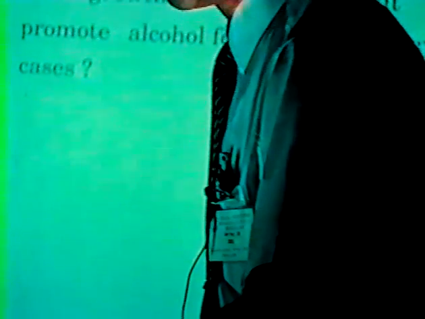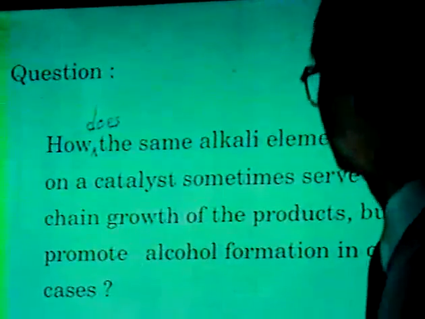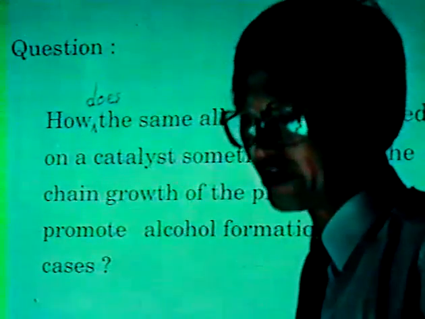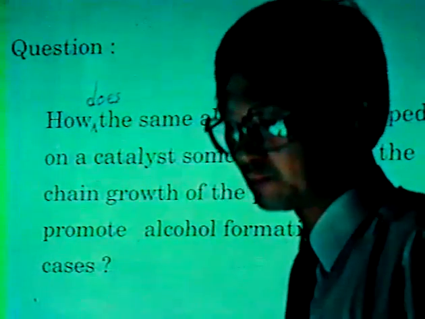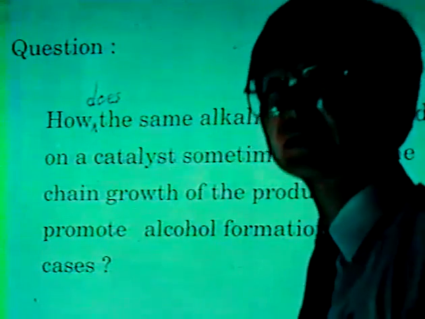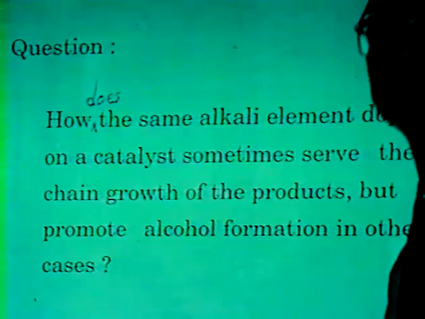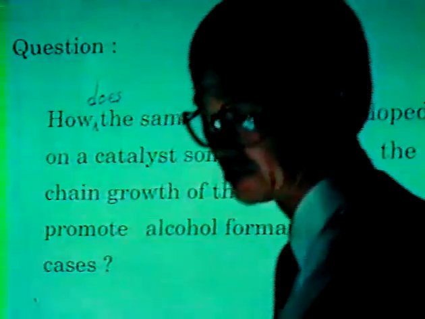So the question we had, and the one I try to answer this morning, is the following: how does the same alkali element, doped on a catalyst, sometimes serve chain growth for the product, but promote alcohol formation in other cases? In other words, what is the important variable determining the effect of the promoters?